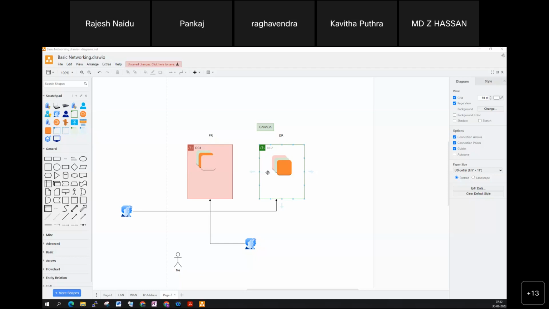To reduce latencies, in the same Canada location, we take another data center and establish the DR configuration there. Like that, Hyderabad has 3 data centers, Mumbai 3 data centers, Canada 3 data centers. Like that, most of the data centers are created.